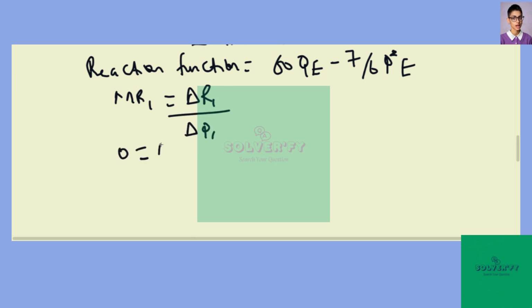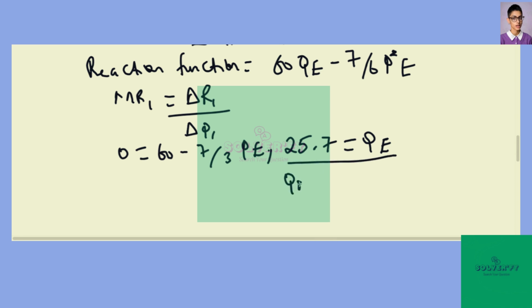So 0 is equal to 60 minus 7 divided by 3 QE, and then QE equals 25.7. So substituting the value in the reaction of QD, we can say that QD equals (30 minus 25.7) divided by 3, and then QD equals 21.4.